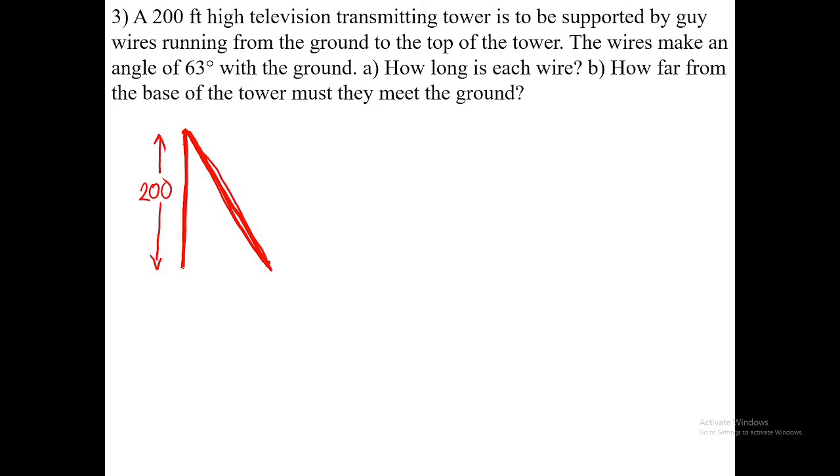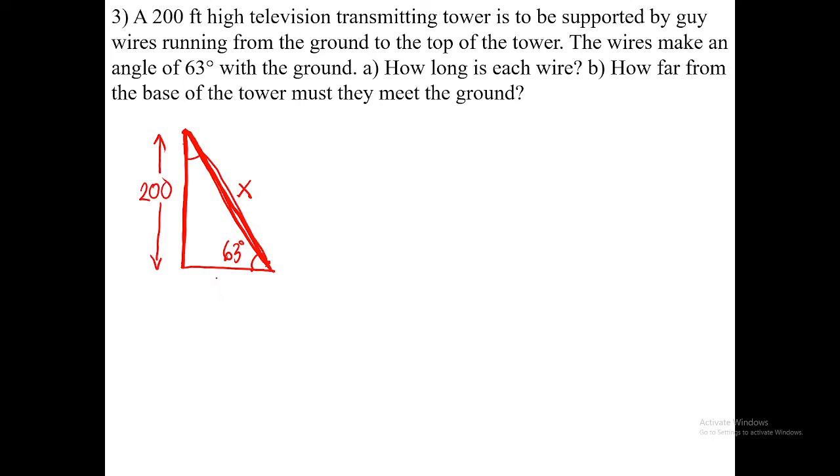Where do I put 63? Here on top or here at the bottom? Bottom. Again, with the ground, 63 is here. So my question is, how long is the wire? Meaning we are looking for this. And we have another question: how far from the base of the tower must they meet the ground?